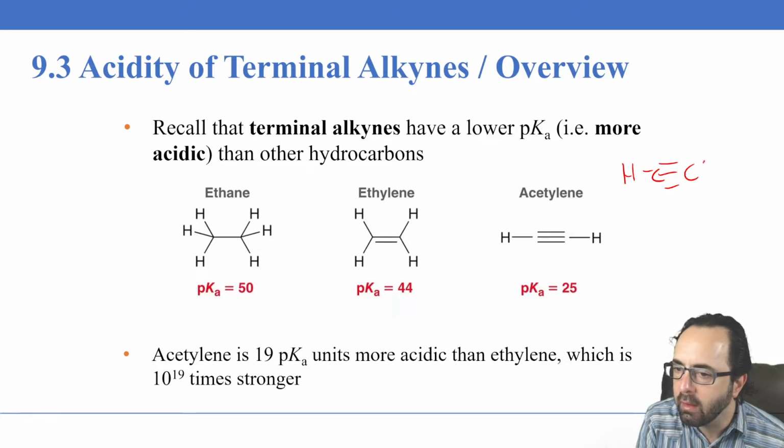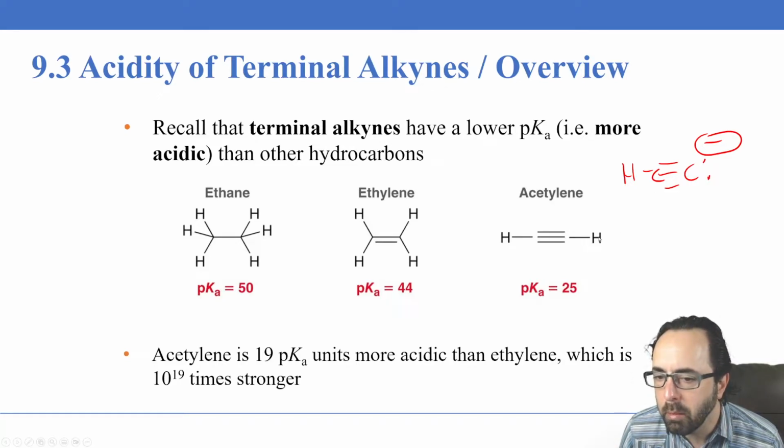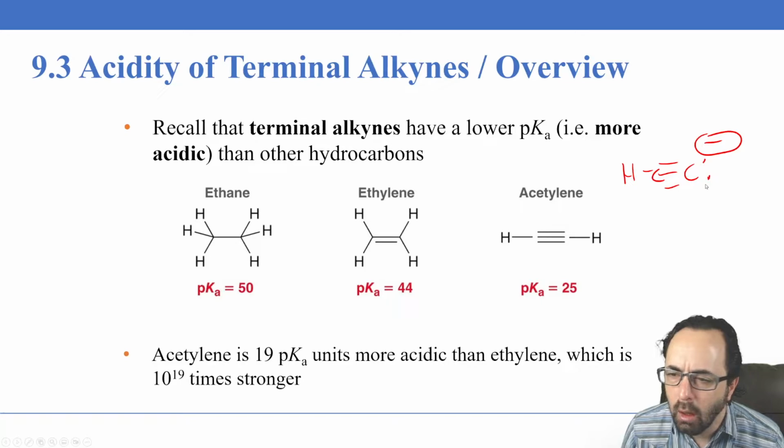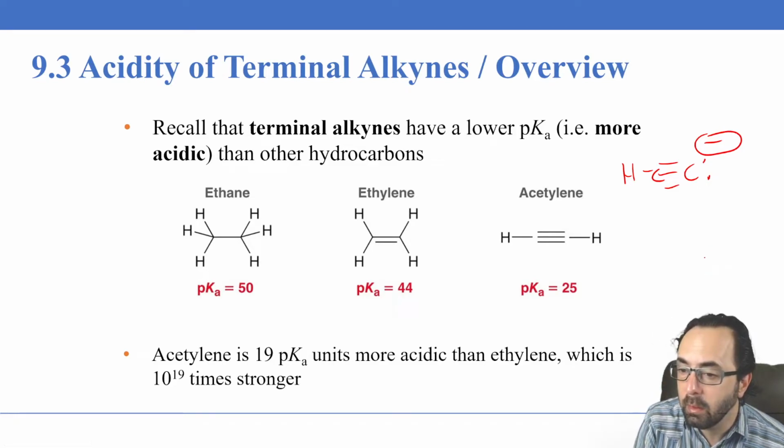When we take a look at the conjugate base of ethyne, or other terminal alkyne where the hydrogen's been removed, the negative formal charge goes on a carbon that is sp hybridized, right? This carbon is sp hybridized.